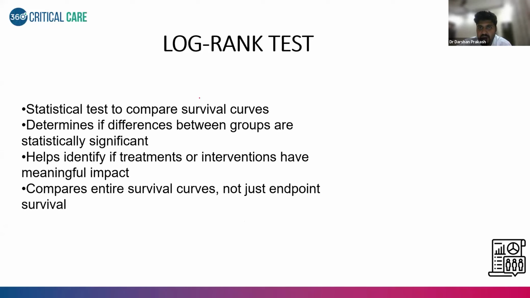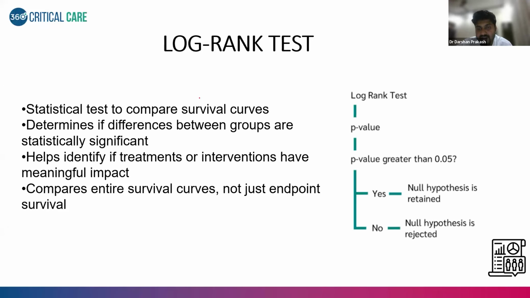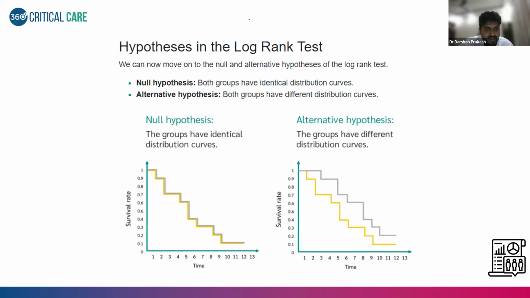So firstly, when you're talking about a log rank test, you need to have a study, you need to have a significant p-value. Okay, so question whether it is statistically significant or not. If it is significant, then based on that you can accept or reject the null hypothesis, and based on that you can probably draw a log rank test. So based on this, you can see the survival analysis, as I've already mentioned.